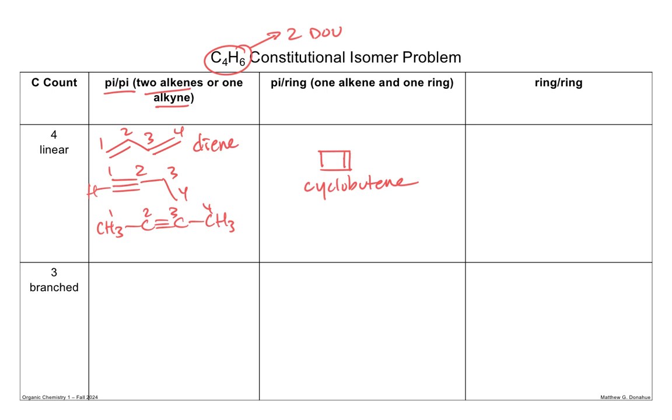But we can, and I'll draw it in the bottom row. If we wanted to do branched, is there a branched for 4? Can't think of one off the top of my head. We'll circle back if we do.